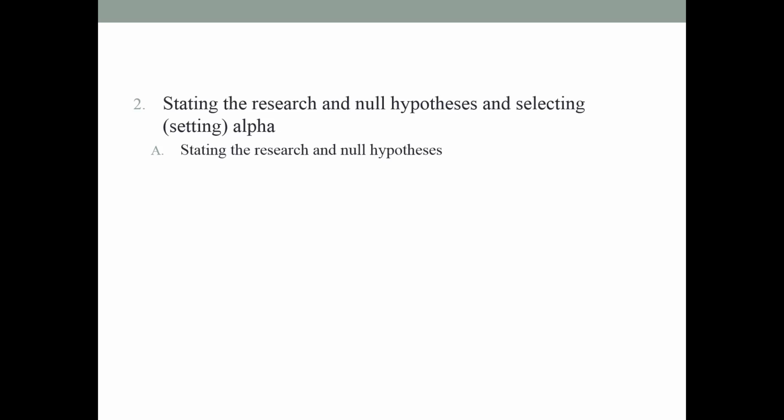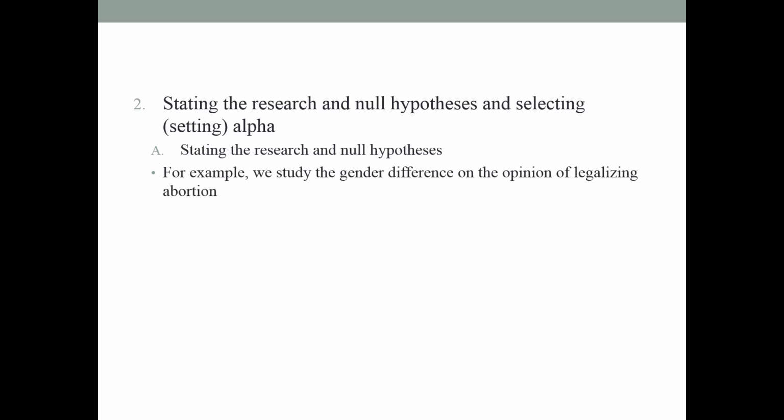So first is stating the research and null hypothesis. In our case, we study the gender difference in the opinion of legalizing abortion. What is the research hypothesis? The symbolic notation will be hypothesis 1, H1. That's our research hypothesis. Mu1, remember, mu is the population mean. The first population mean does not equal mu2, the second population mean.